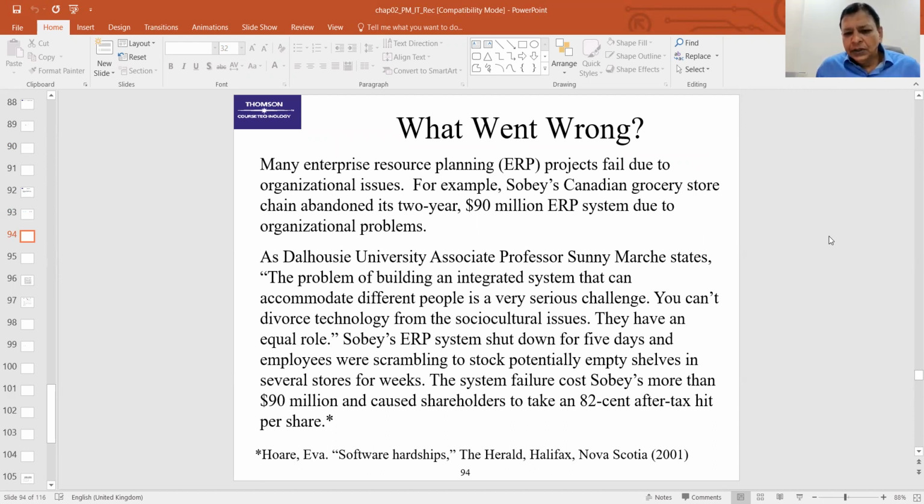The company suffered an 82% drop in after-tax earnings per share. They lost their reputation in the market, and suffered a loss of $90 million, as well as the sales. There was no sale for 5 days. So if you fail to implement an ERP system by considering the technological and cultural constraints, there is less chance of success.